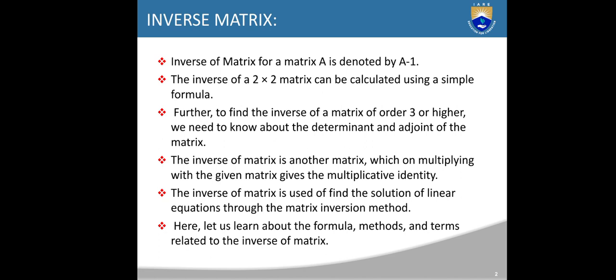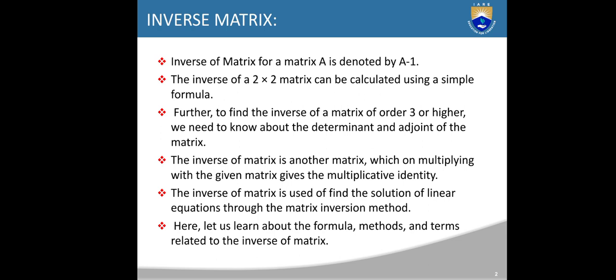Inverse of a matrix. The inverse of a matrix A is denoted by A inverse. The inverse of a 2 by 2 matrix can be calculated using a simple formula. Further, to find the inverse of a matrix of order 3 or higher, we need to know about the determinant and adjoint of the matrix.